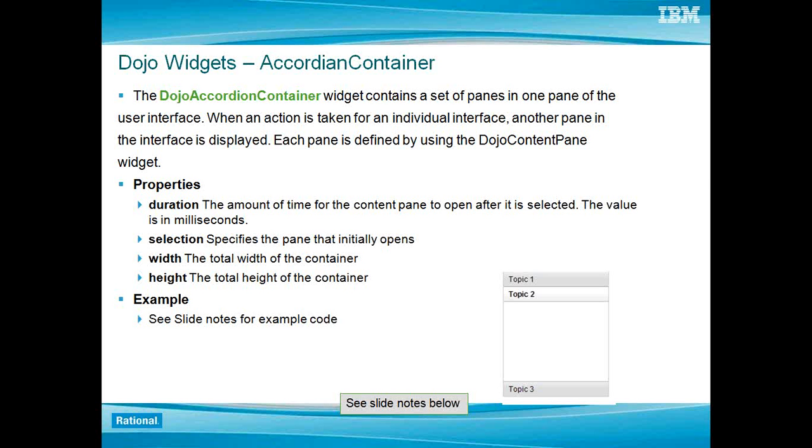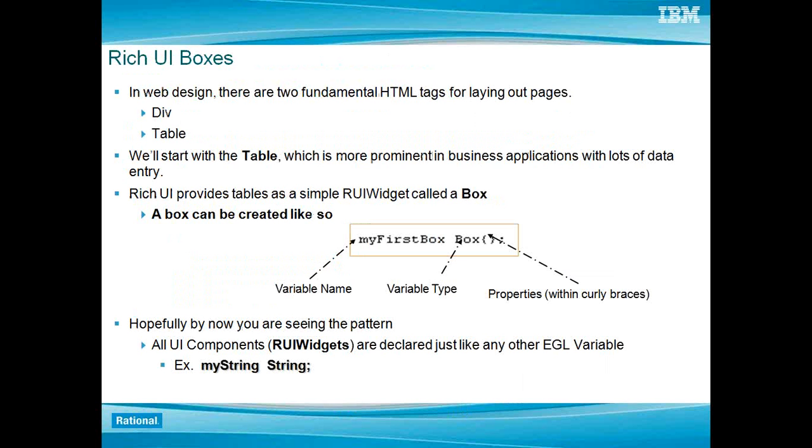So in the duration property, we mention the number of milliseconds. And then we have the selection property, for which we say, okay, this panel, like topic 2, would be the initially opened, visible panel inside of this container.